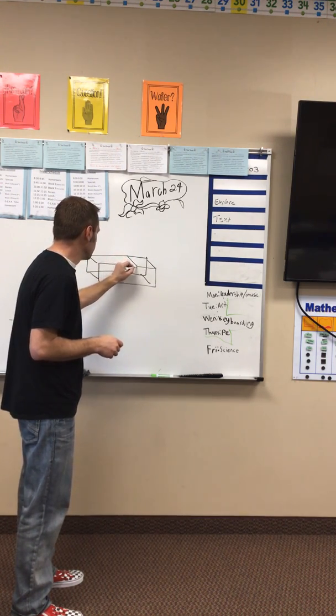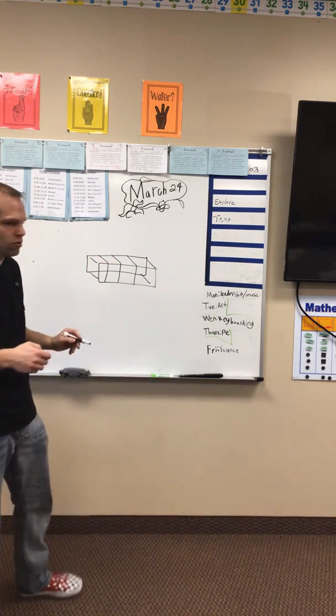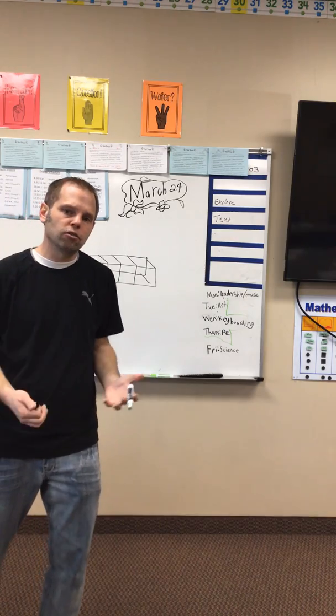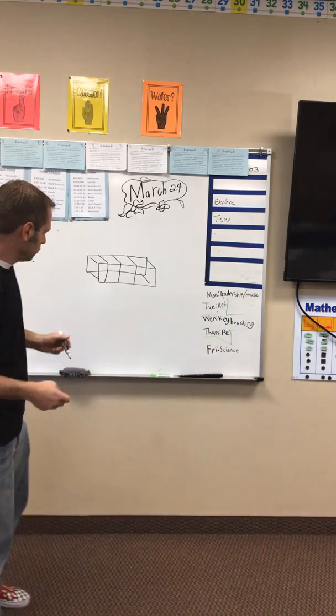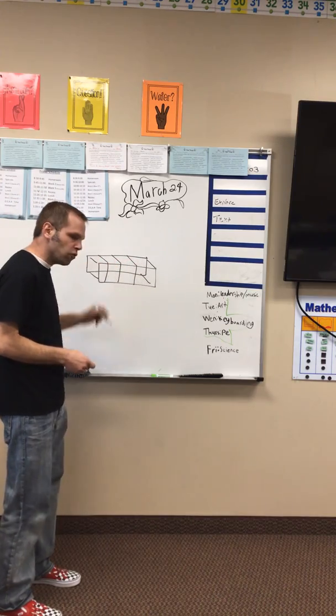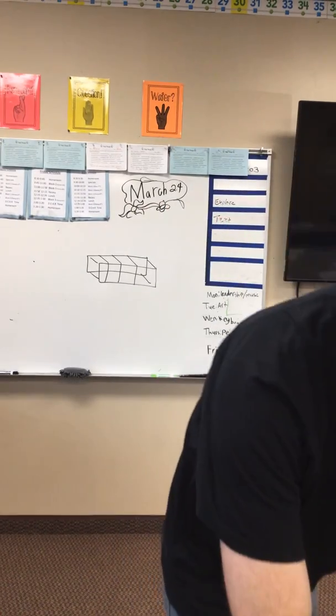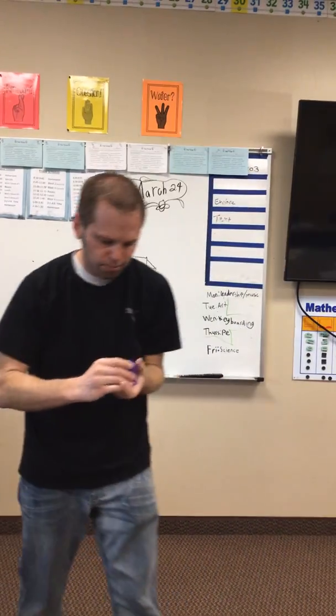They break it into cubes. All you have to do today is count how many cubes make up that shape. So, kind of a bad drawing, but I have 1, 2, 3, 4 cubes make up that shape, so my answer would be 4.